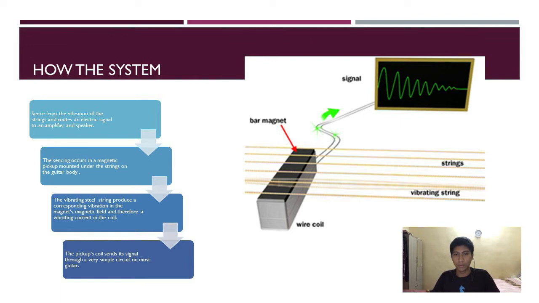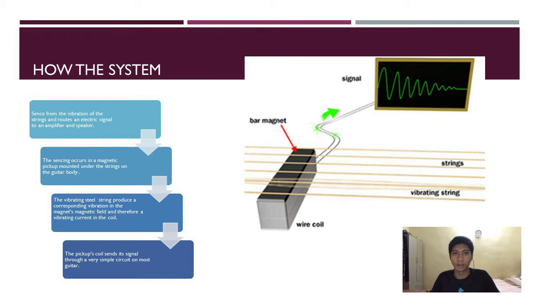This pickup consists of a bar magnet wrapped with as many as 7,000 turns of fine wire. The vibrating steel strings produce corresponding vibrations in the magnet's magnetic field and therefore a vibration current in the coil. The pickup's coil sends its signal through a very simple circuit on most guitars. The circuit looks something like this.